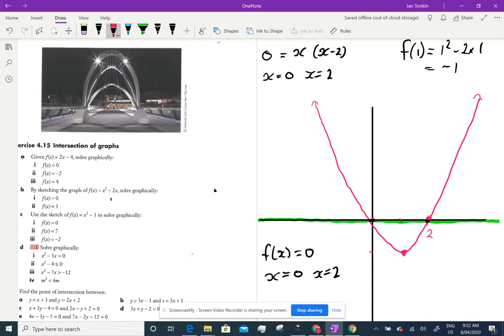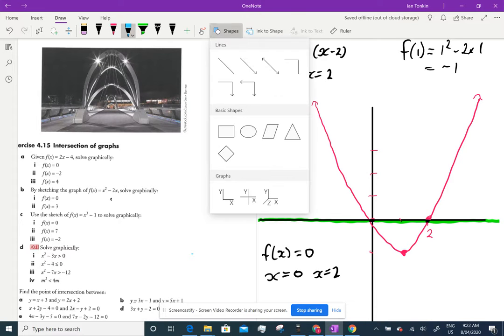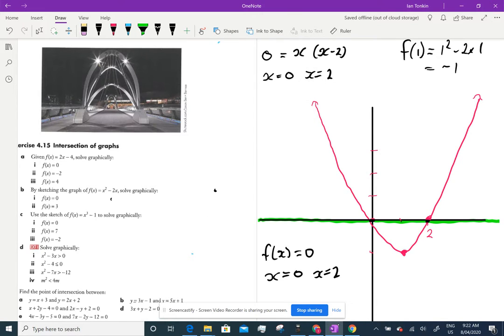Now this is going to be harder. 1, 2, 3. We have to draw a line through there. So, too big. Come on, undo that. Let's try again.